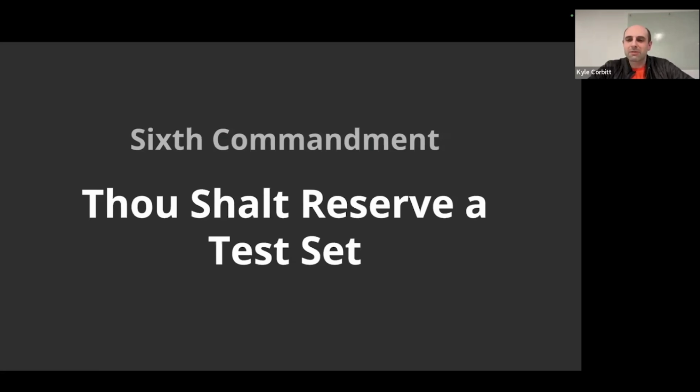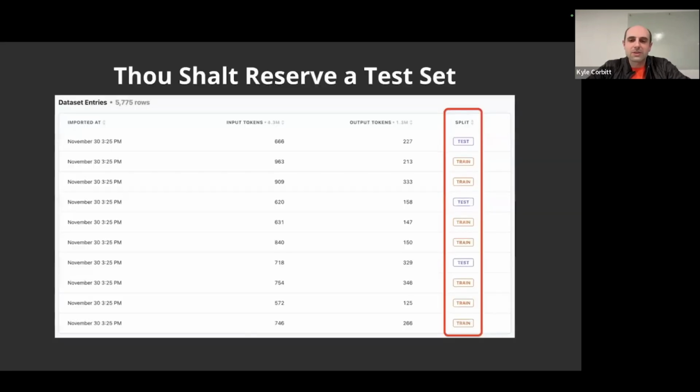You really want a test set where you grab 5% or 10% of your data at random, don't train on it, and use that as the input. So I highly recommend doing that. This is standard stuff for machine learning, but again, something I see people without a lot of fine-tuning experience not realizing is really important.